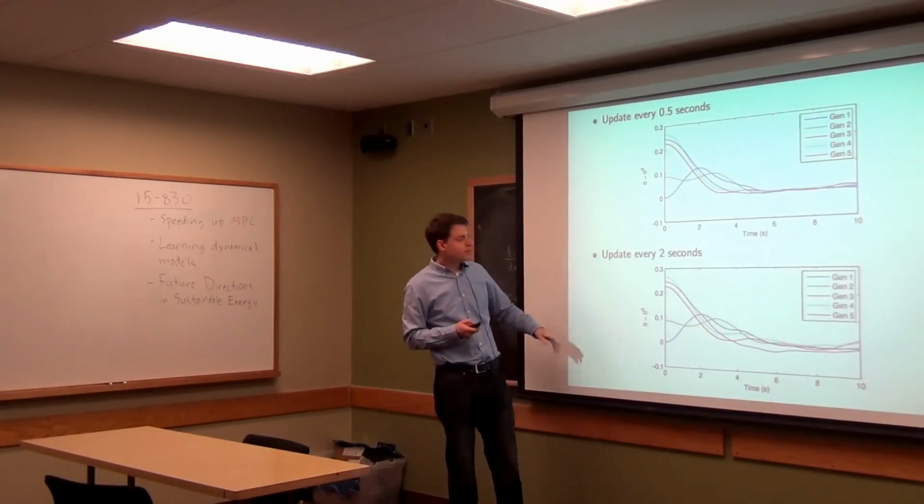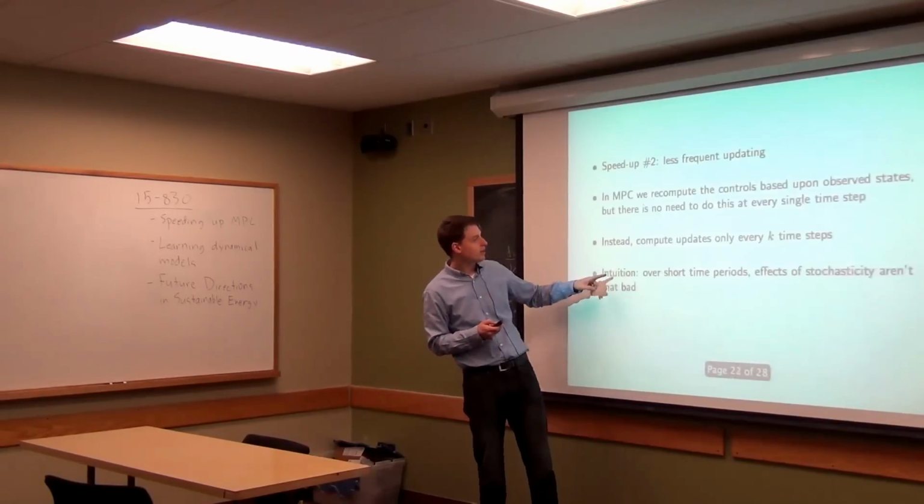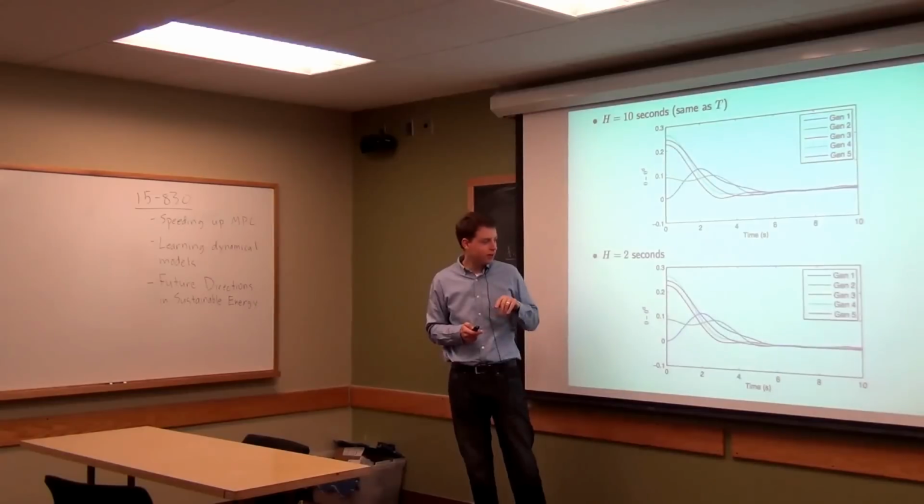But putting it all together, we had a system here where maybe we can update it every 0.1 seconds. Maybe we can use a shorter time horizon internally of just 2 seconds.